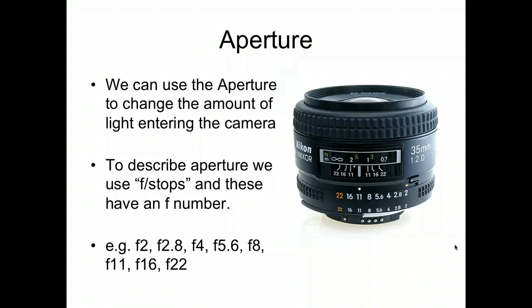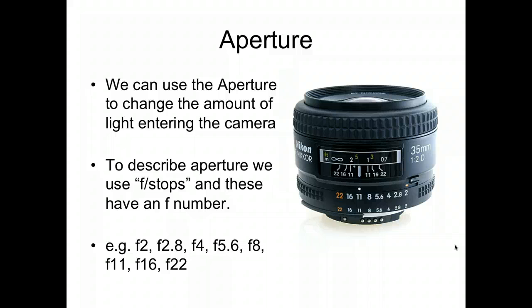Notice on the right side, this is an older lens for a 35 millimeter camera that actually has a physical aperture inside it. Down at the bottom, you will see numbers 22, 16, 11, which it's set at right now, 8, 5.6, 4, 2.8, and 2. What that does is it will either open the aperture wide at 2 or close it very small at 22.